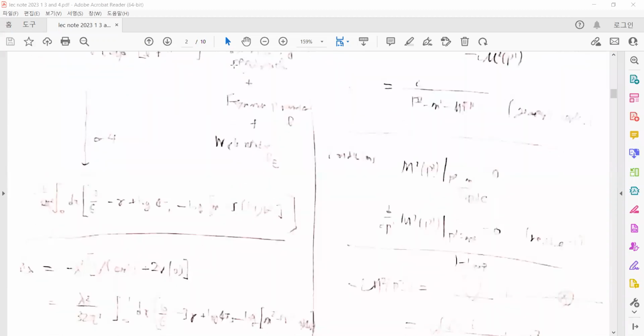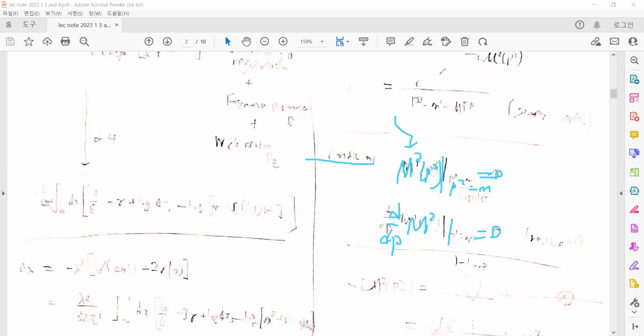And because of the renormalization conditions, the amplitude should be equal to zero at the pole. Also, the derivative of the amplitude at the pole equals zero.